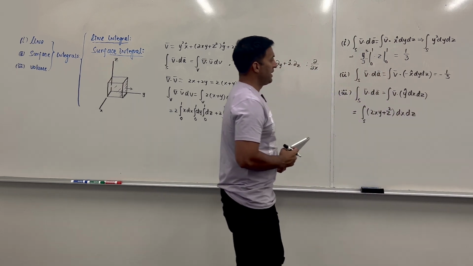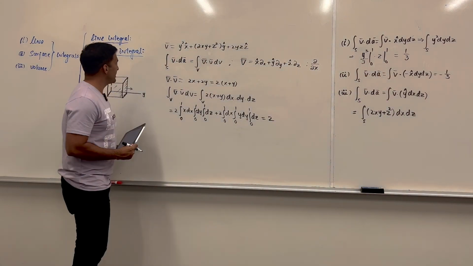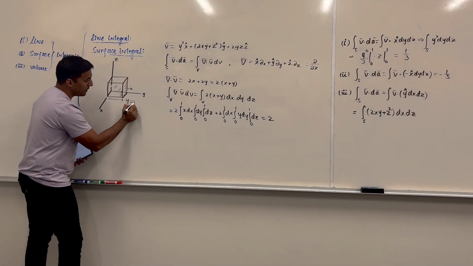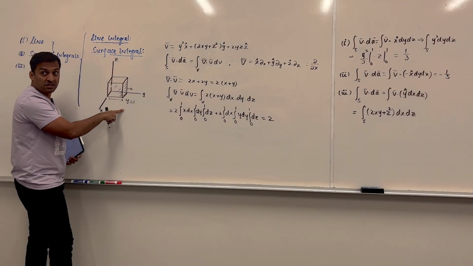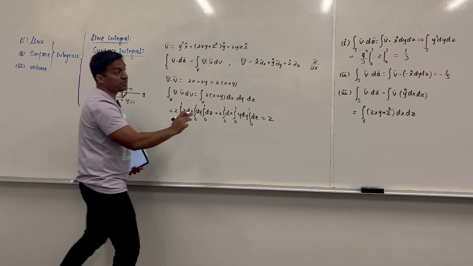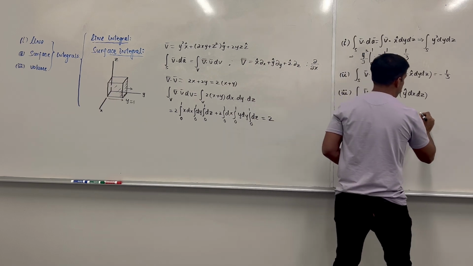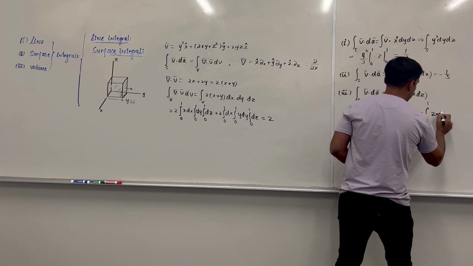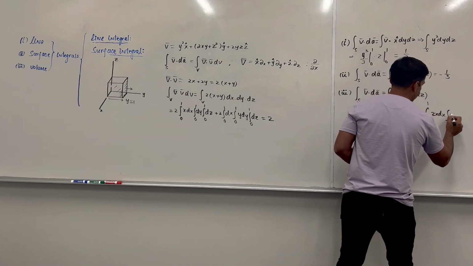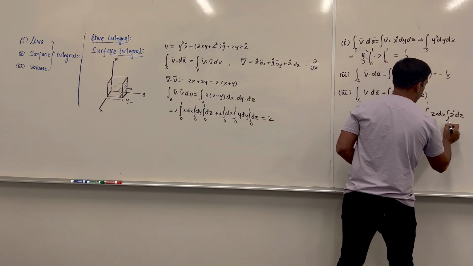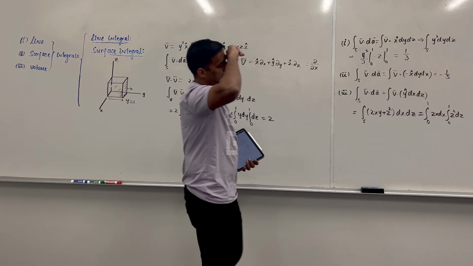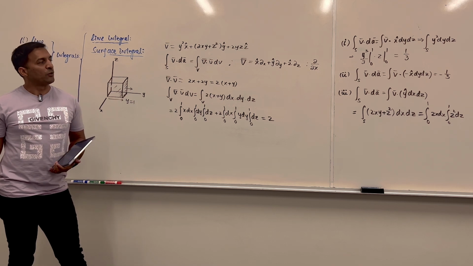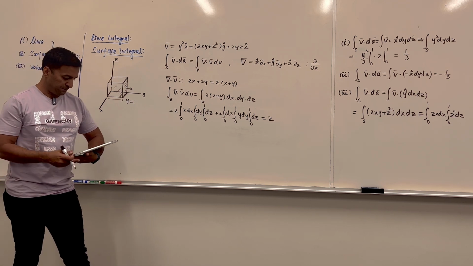Now if you note that this surface lies at a distance y equals 1 from the origin, we substitute y equals 1 here, and we are left with the integral from 0 to 1 of 2x dx, and then z square dz, 0 to 1. And this will give us x square by 2, 1, multiplied by z cube by 3, 1, so the answer will be 1 by 3.